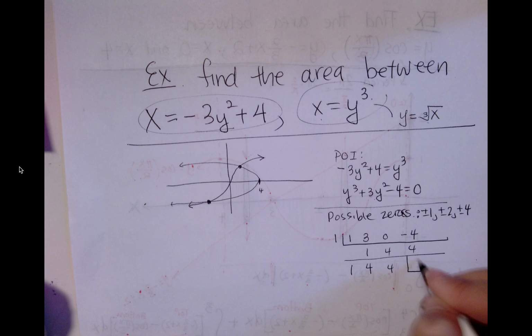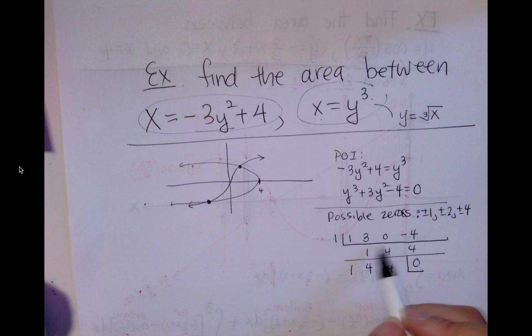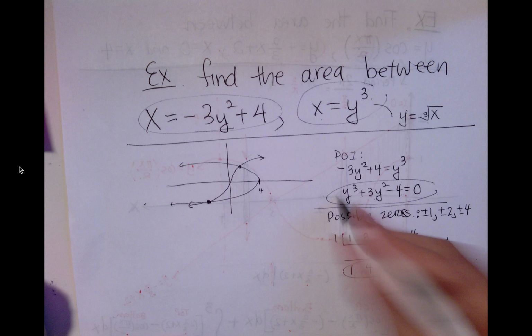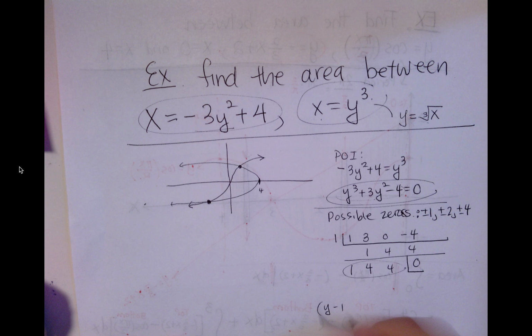Okay, and 1 indeed is a 0 of this polynomial, and this gives me the factorization. So this is equal to y minus 1 times y squared plus 4y plus 4. And this is just a quadratic. It's a perfect square trinomial.